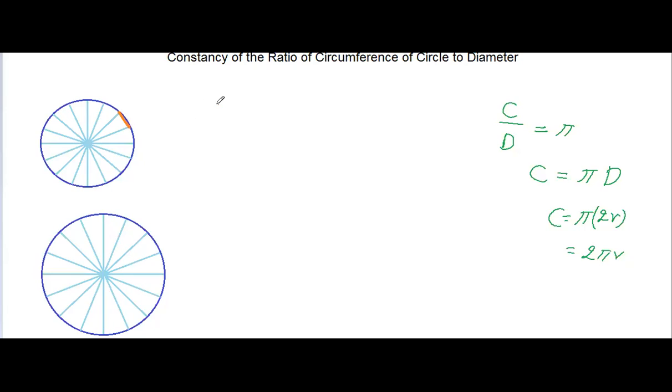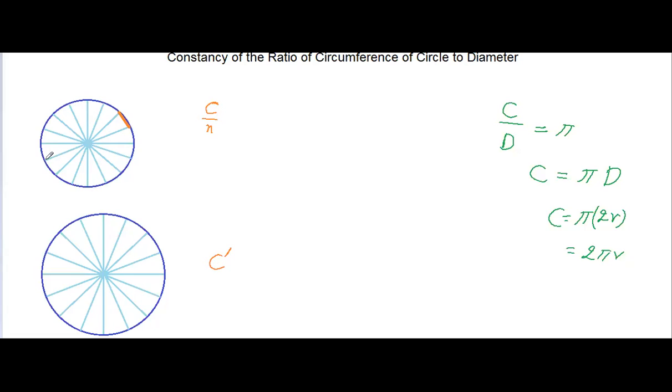So suppose that the circumference of the smaller circle is C and the larger circle has the circumference C dash. Suppose I make n equal parts of the circumference, then the arc length will be C divided by n.